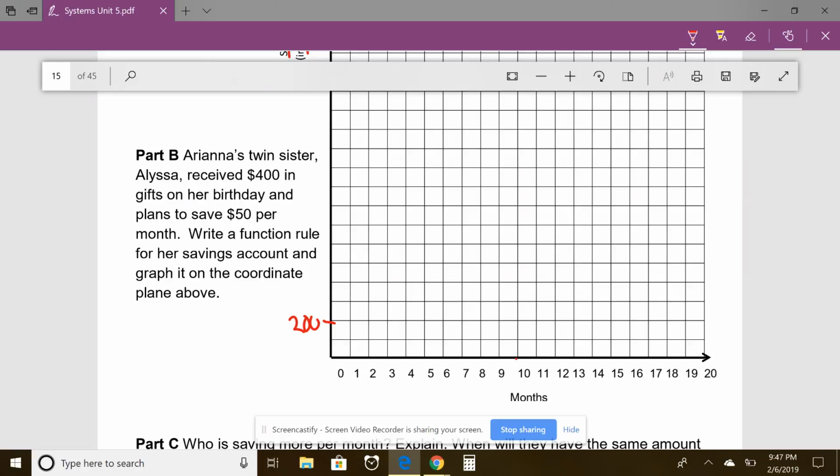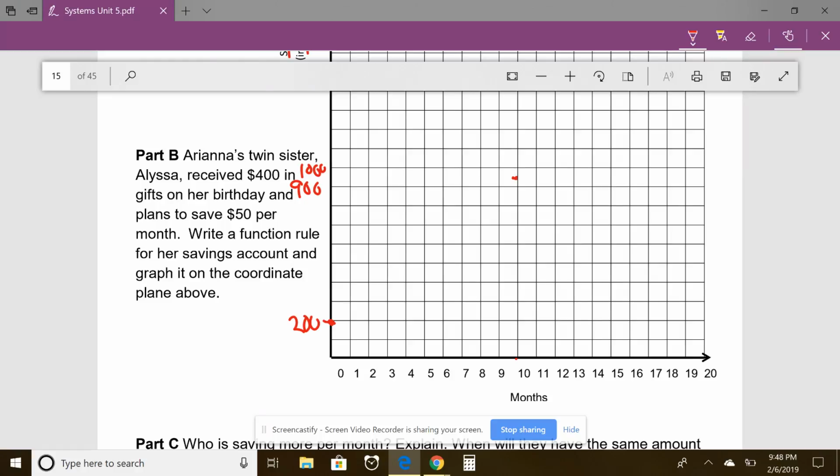I'm going to go up 9.5 boxes. 1, 2, 3, 4, 5, 6, 7, 8, 9, and then right there. So it's between 900 and 1,000. So we have those 2 points right here, and we're going to graph our line.